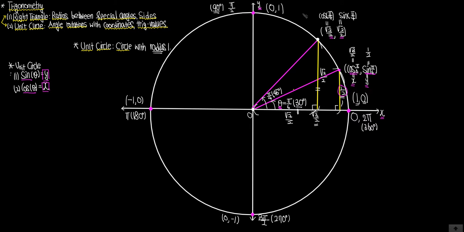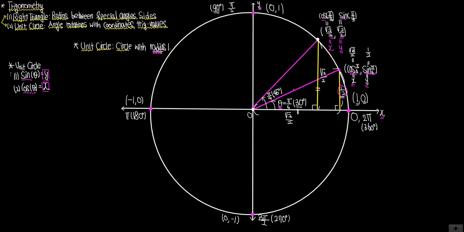And this is how we define the trig values inside our unit circle. Because of the definition of the unit circle where the radius is 1, the square root of 2 over 2, which is cosine of pi over 4, will be our positive x, and the square root of 2 over 2, which is the sine of pi over 4, will be a positive y value.